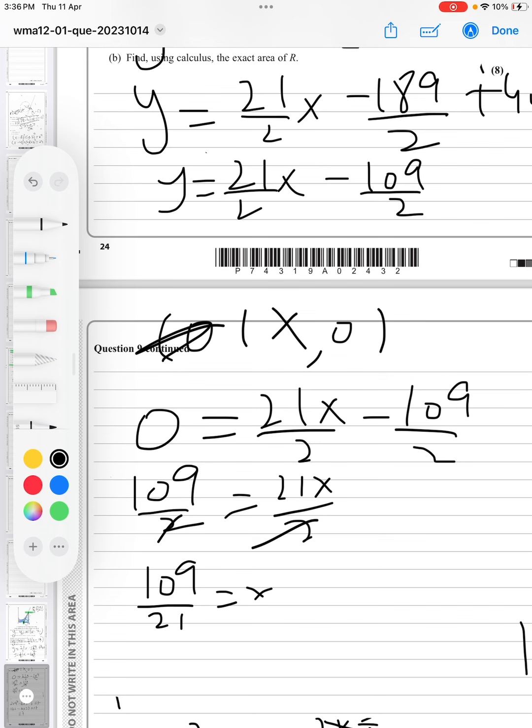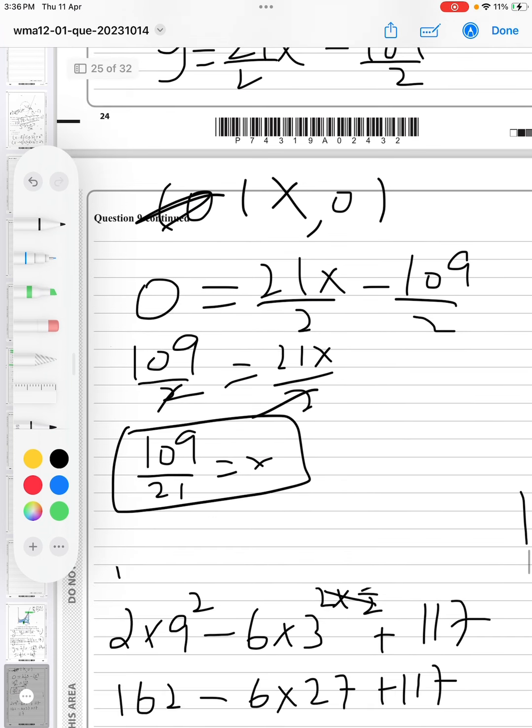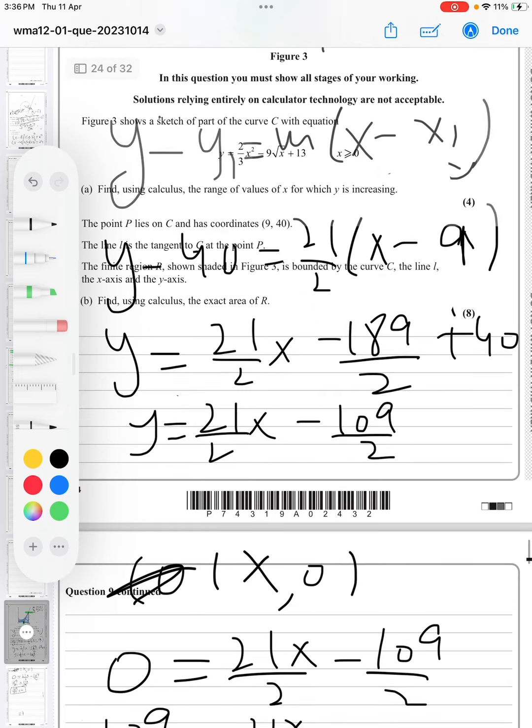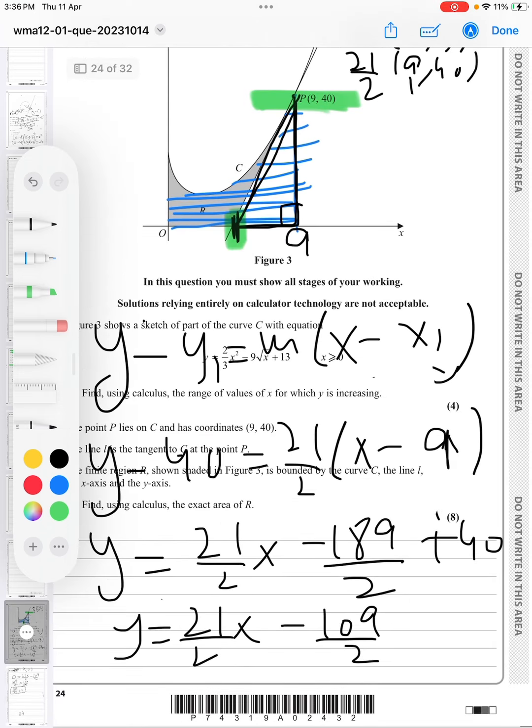So 109 upon 21 equals x. Okay, so this is the same thing. Fine. So this is the value, 109 upon 21, and the total till here is 9.